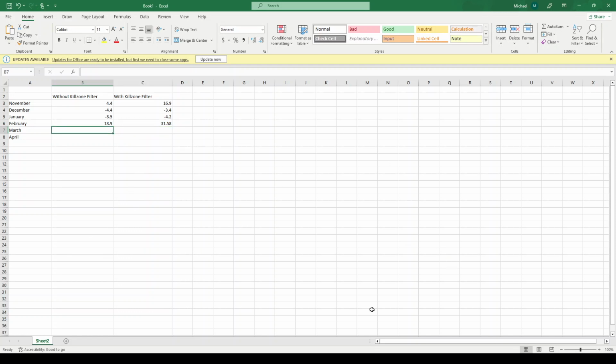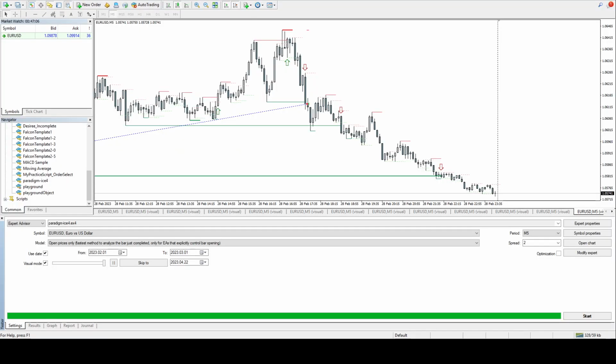So let's run for March. I'm going to set this to first of March, and I'm going to set this to 1st of April.